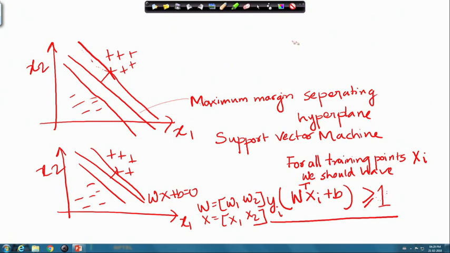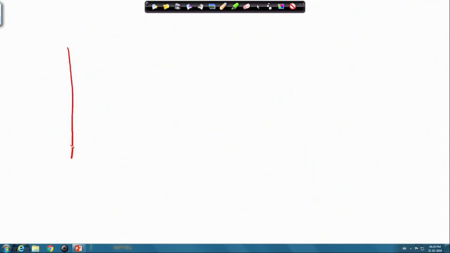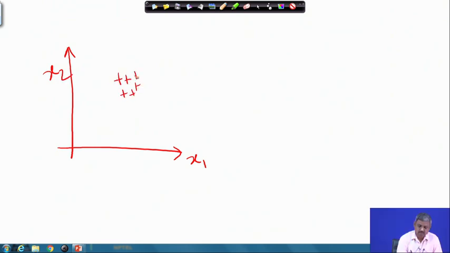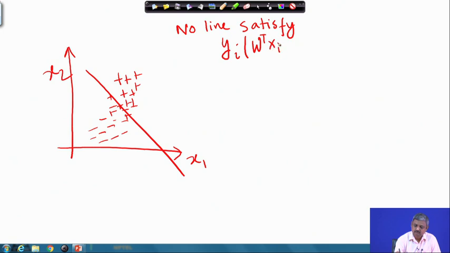So, we observe that if we have classes like this, there will be infinite lines, and we pick the one with the highest margin. But suppose the case is like this instead. There is overlap and we cannot find any line which will satisfy the constraints for overlapping classes.